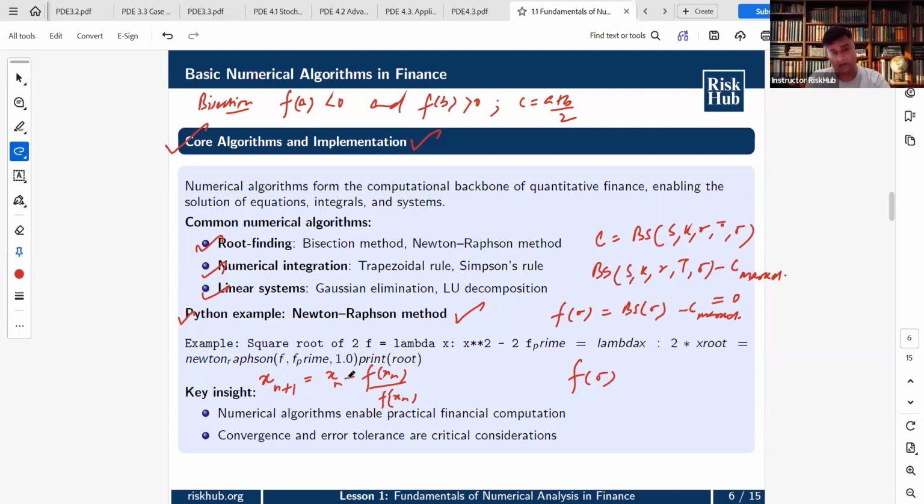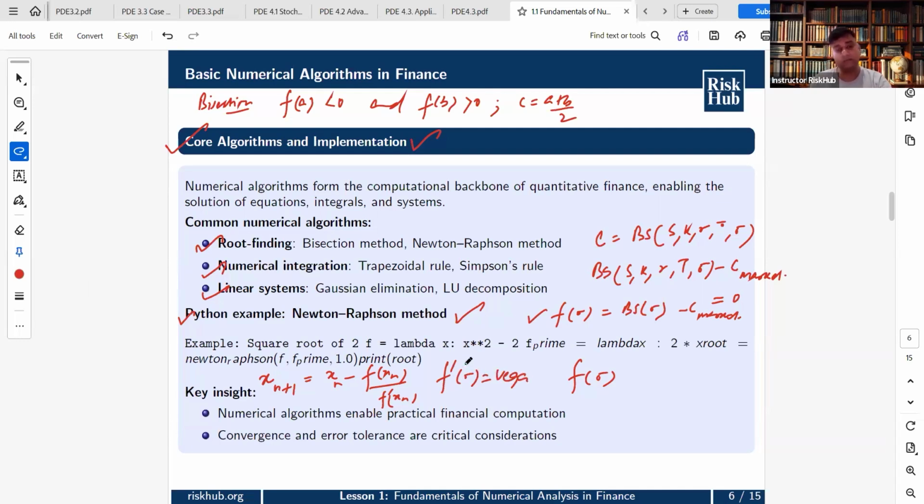Again, if you look at a financial example, take the same one we discussed earlier: f(sigma) equals BS(sigma) minus C market. We can find f prime of sigma, which is your vega.